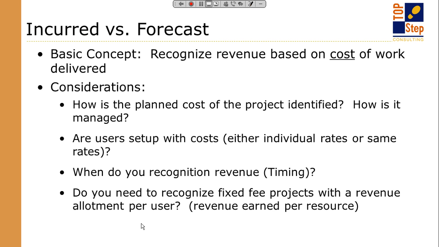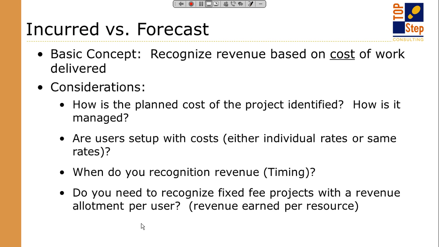So if you're doing cost management, if you have cost loaded by person in the system, this is a nice rule to look at. You have to tell the rule where the baseline of effort comes from. Unlike the percent complete calculation, which deals with planned hours or estimated hours or budget hours as the case may be, the incurred versus forecast rule actually can plug into your resource scheduling.